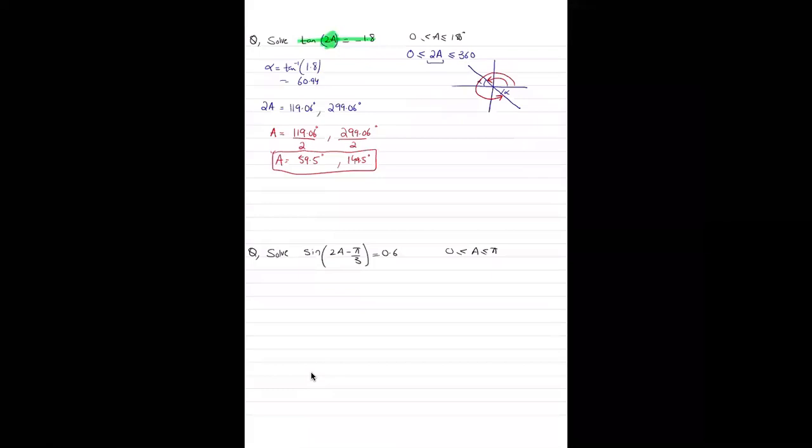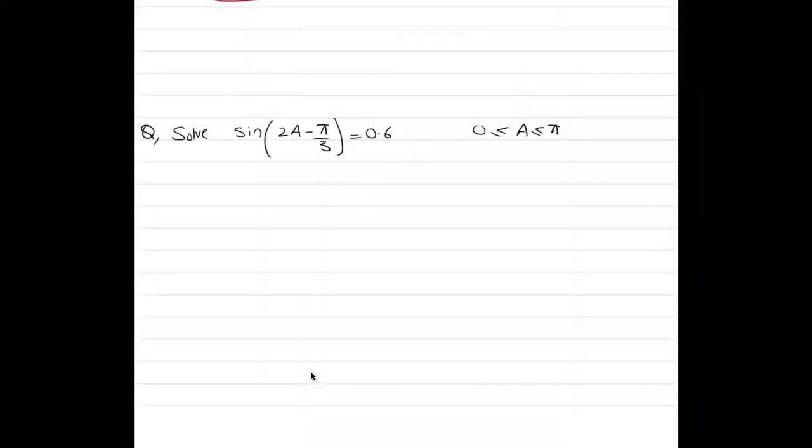Now try this one. Again, you are going to alter the range first. The domain is given for a, but you need to alter the domain for 2a minus pi by 3.